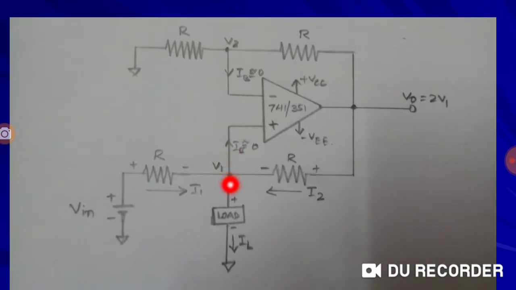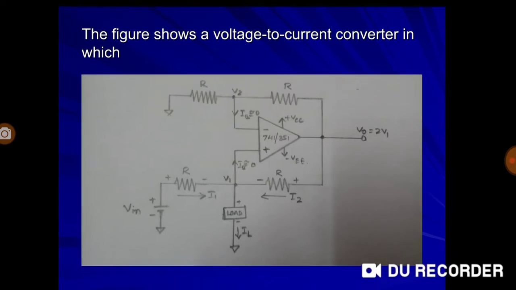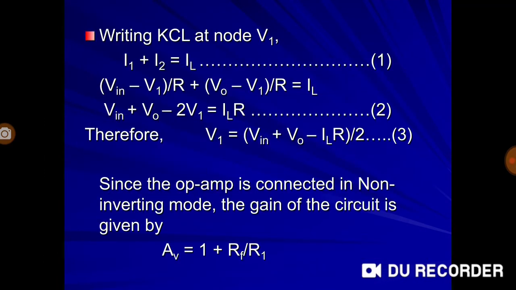So at V1, I1 plus I2 should be equal to IL. Writing KCL at node V1, I1 plus I2 is equal to IL.